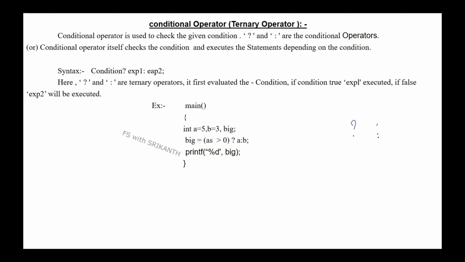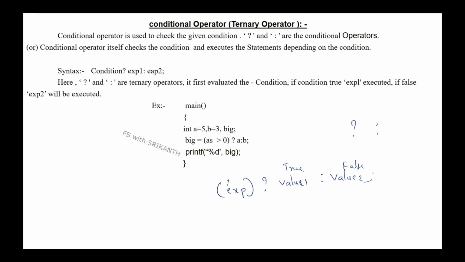How can we check the condition? Just observe. This is an expression, then a question mark, then value 1, colon, value 2. The first value is considered true, and the second value is false.